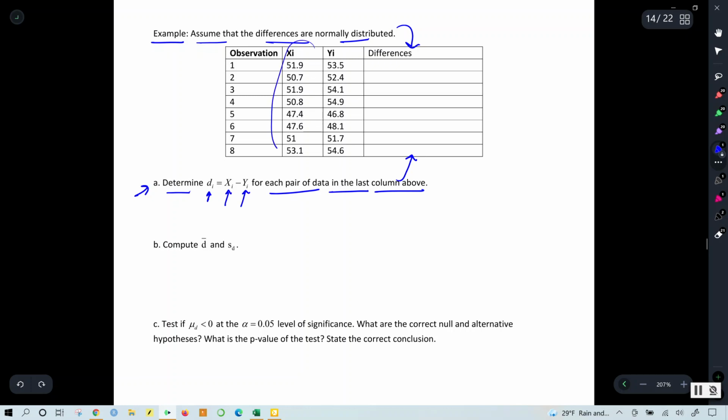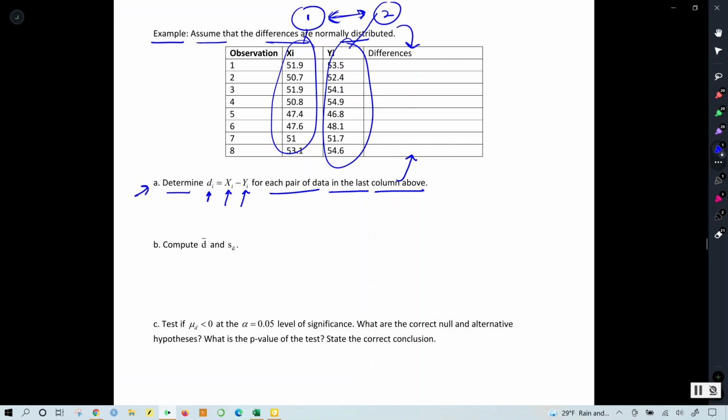In other words, this sample data has been drawn from a population 1, and this sample data has also been drawn from another population 2. Our goal is to see if there is a marked difference or a significant difference between the averages of these two populations, assuming that they are selected as dependent units.